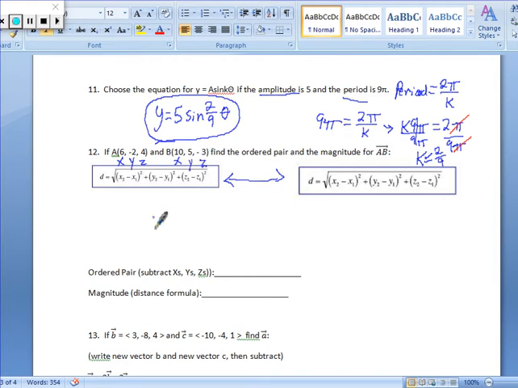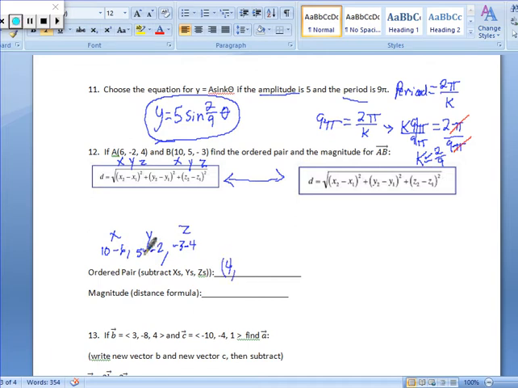My x's are going to be 10 minus 6, comma, so here's my x's. My y's are going to be 5 minus a negative 2. Here's my y. And then my z's are going to be negative 3 minus 4. Here's my z's. So 10 minus 6 is going to be 4.